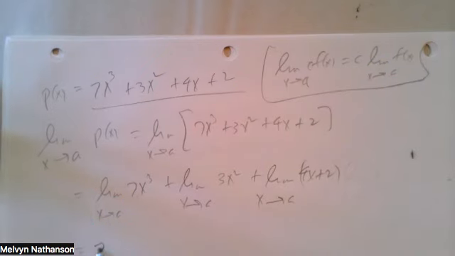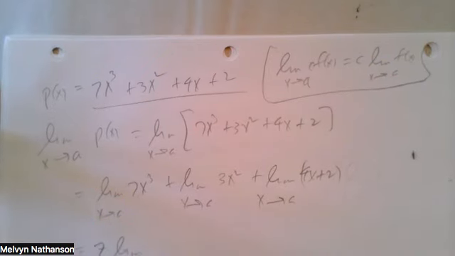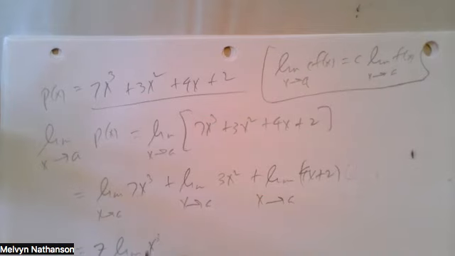This is 7 times the limit as x approaches a of x cubed, plus 3 times the limit as x approaches a of x squared, plus the limit of 4x plus 2 as x approaches a.